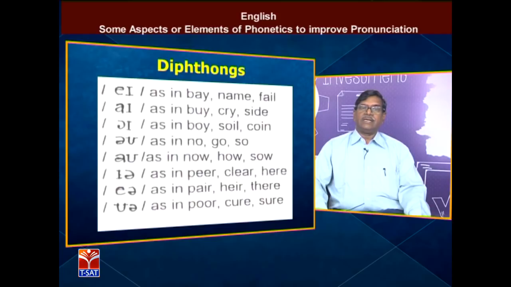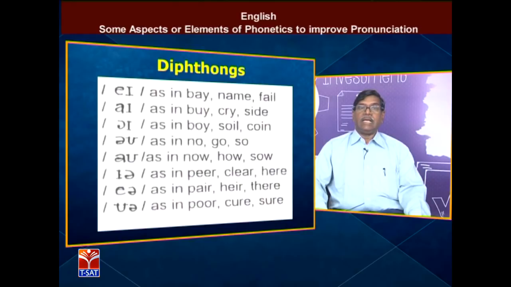Next one, air: A-I-R, air; P-A-I-R, pair; H-E-I-R, hair; T-H-E-R-E, there. It starts with A and ends with a sound. These are all diphthongs, that means a combination of two vowel sounds. Then the sound in pure, cure, sure starts with u and ends with a.